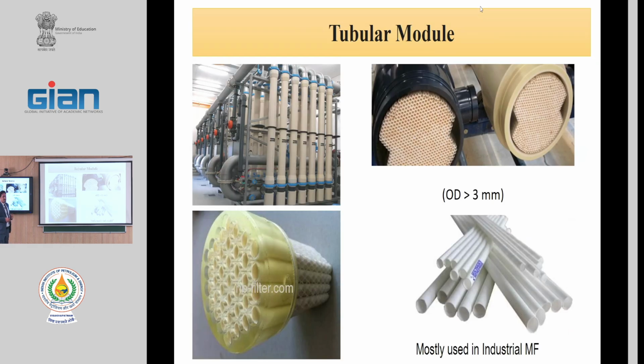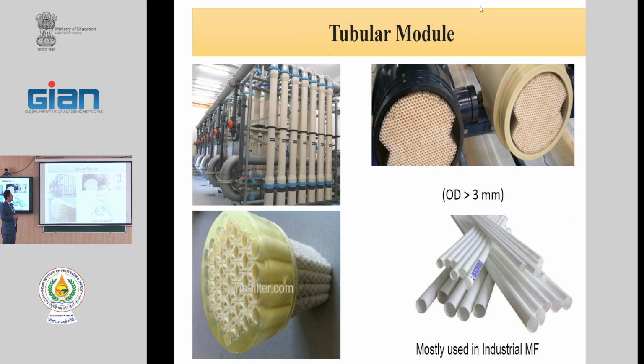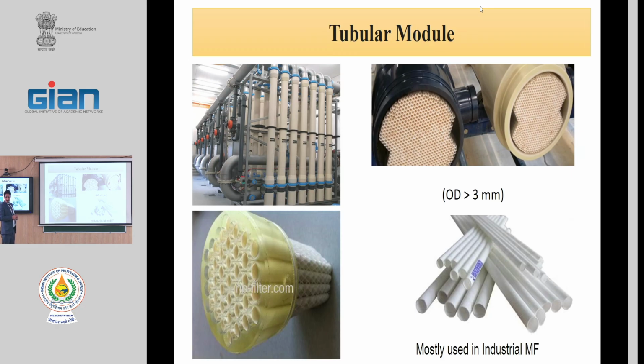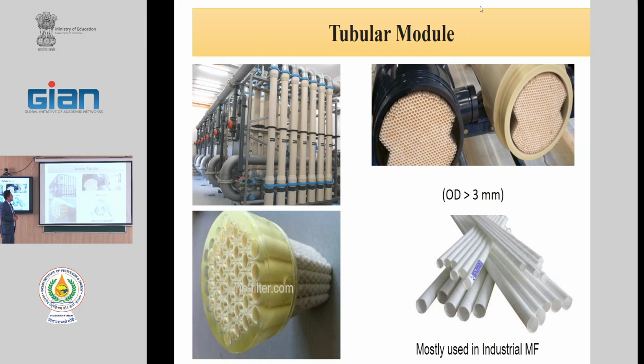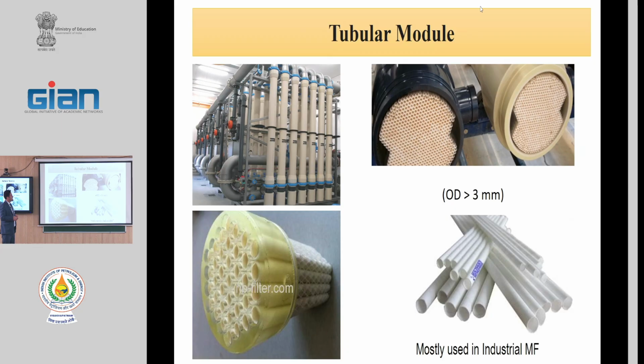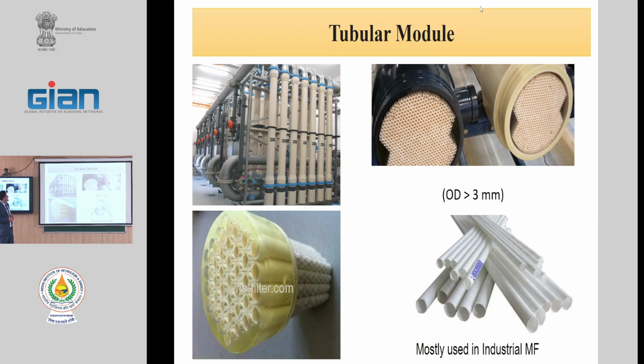The second module is the tubular module. For the tubular module, we say the diameter is more than 3 millimeters, and it is mostly used in industrial microfiltration.